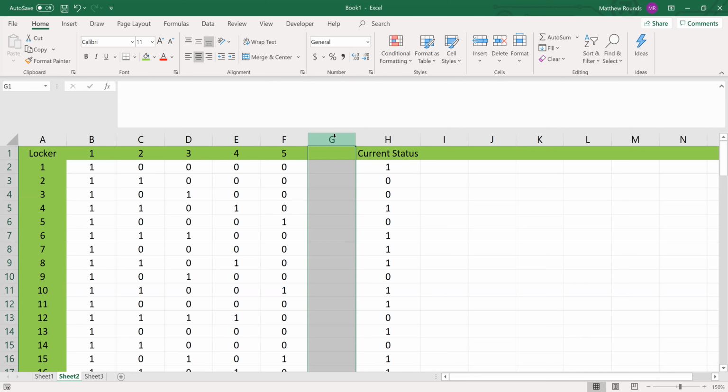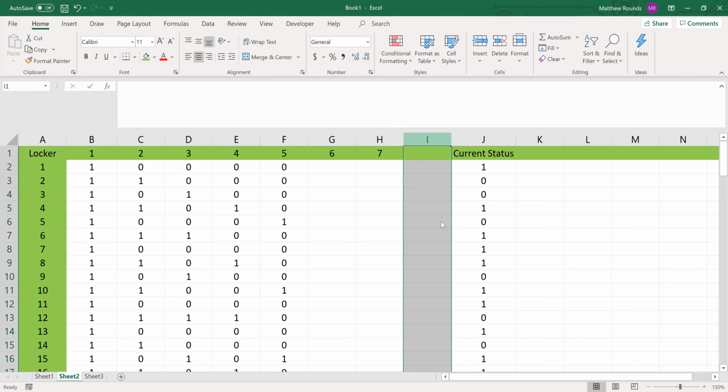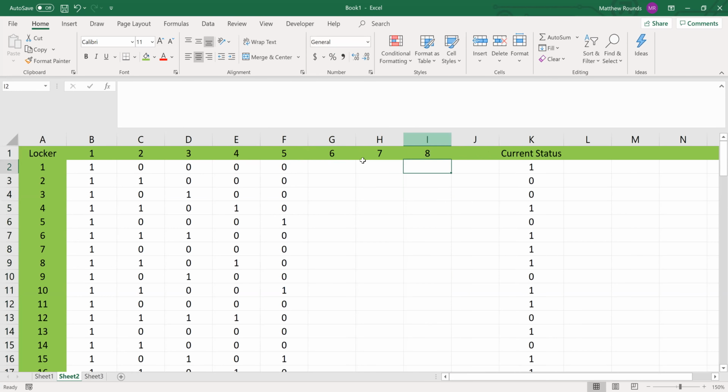So let's add in a few more of these. Let's go 6. The pattern here is you just keep dragging this, and then when I copy all this down, we'll see a change here.